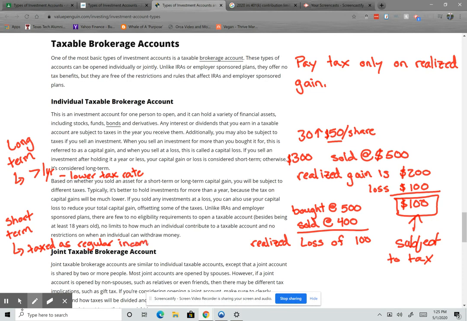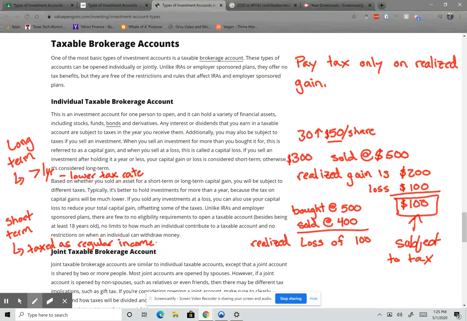So if any of y'all are playing around with day trading, buying and selling the same asset within the same week, you're going to have to worry about short-term versus long-term capital gains. I know that's been one of my concerns, and hopefully they are doing it right.